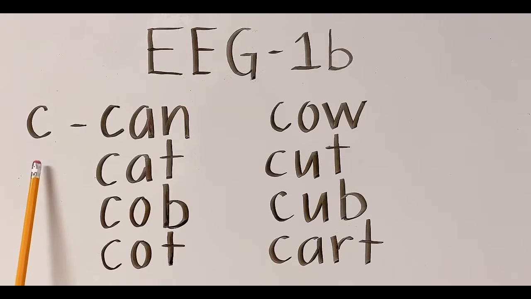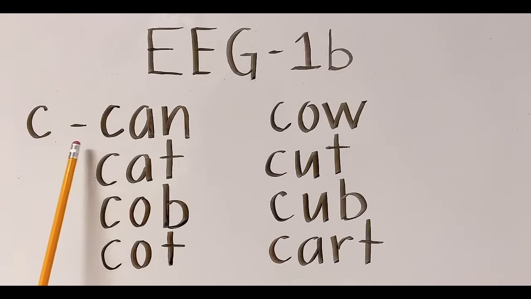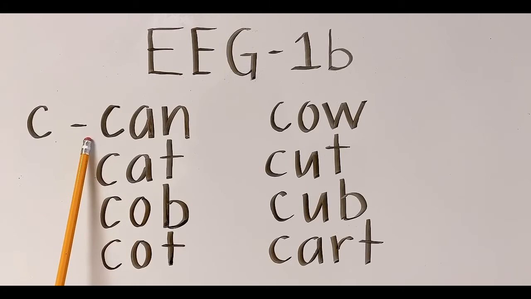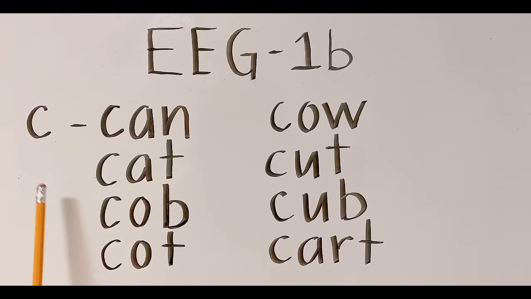Sound is k. All right, let's read. Can. Okay, can. Next one, cat. Next, cub. Next, cut.